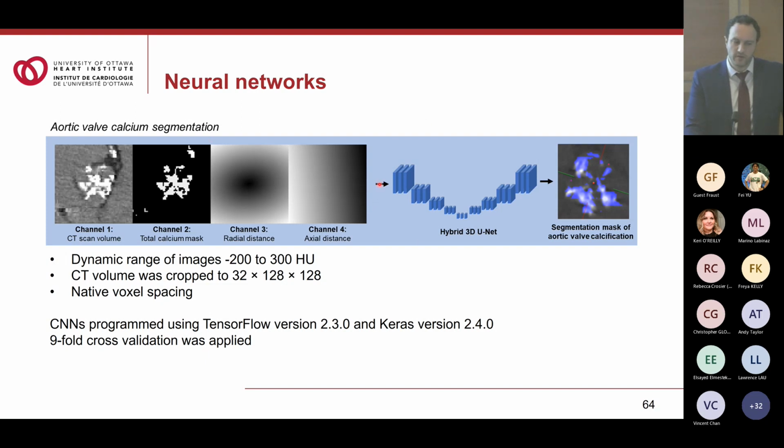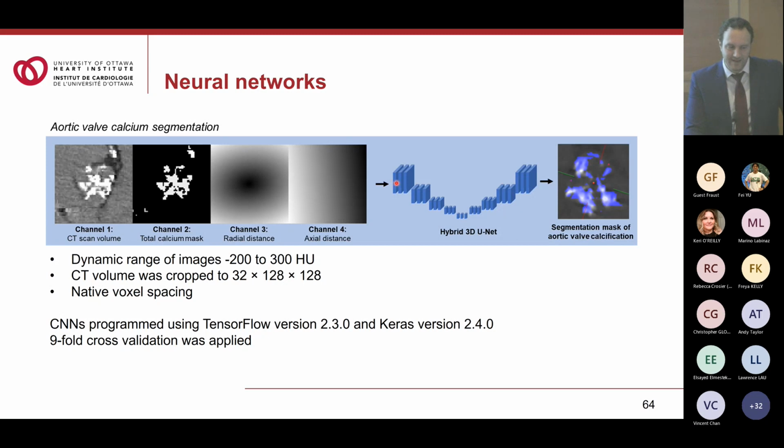There are multiple algorithms that have been proposed to do segmentation of images. It's a very classic problem in medical imaging in particular, and in computational imaging more generally. So there's this architecture called a UNet where the image is taken in on the left side of the neural network.